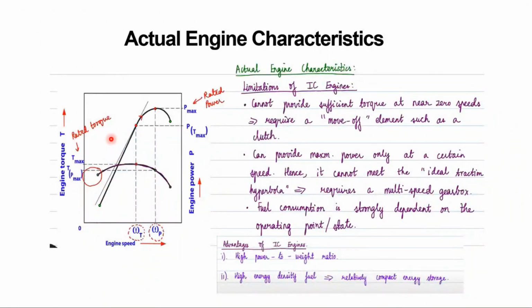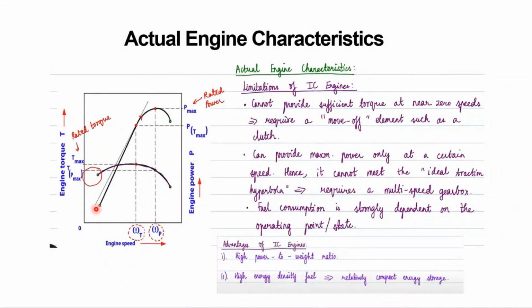Unfortunately, there are some limitations with respect to engines where they cannot provide sufficient torque at near zero speed. When the speed is zero, the engine cannot provide the required amount of torque.